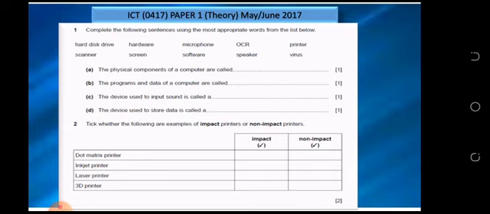The first question: complete the following sentences using the most appropriate word from the list below.